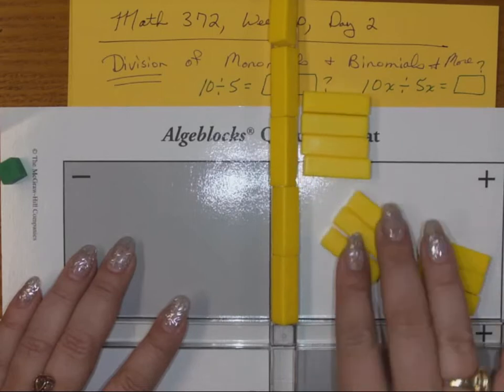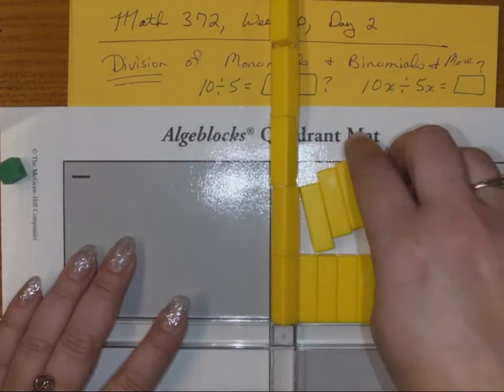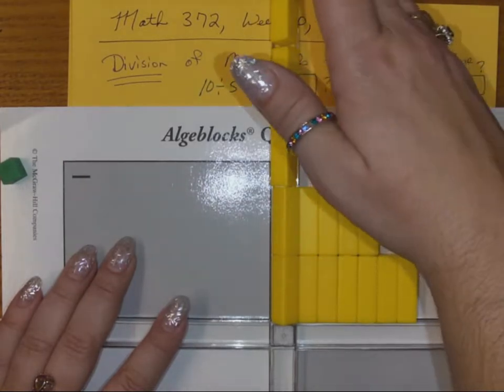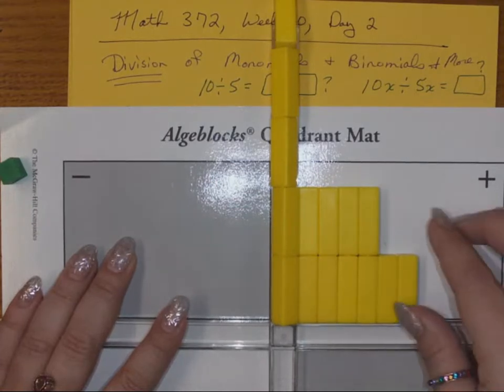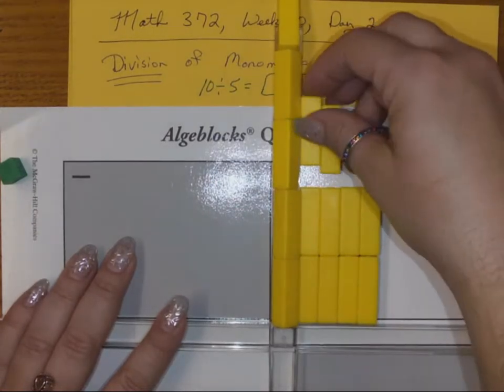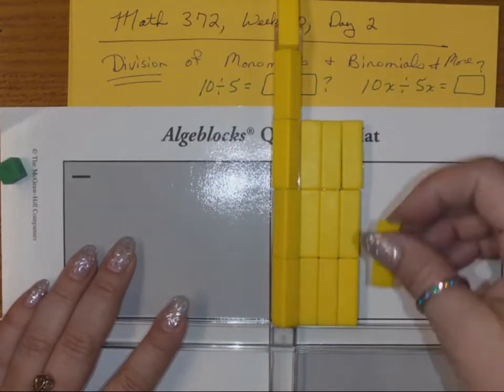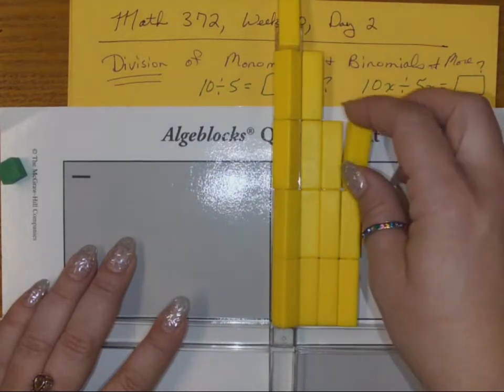So what I'm going to do is I'm going to turn these sideways, or up and down in this case. And so now I'm starting to line up, but I don't go all the way to the top, right? And we know these need to be in 5 groups, basically, 5x groups. So I'm going to start moving things towards the top. Okay, that's better. It's looking more like they're lining up, right?